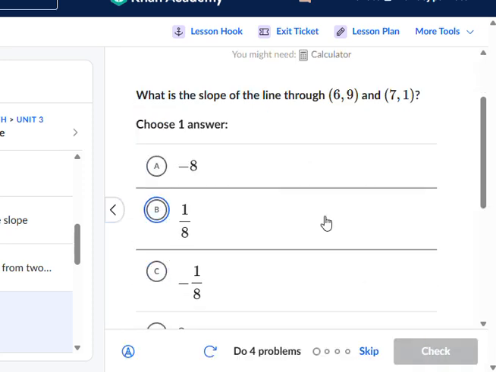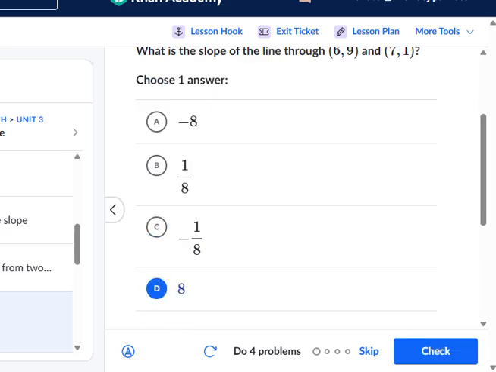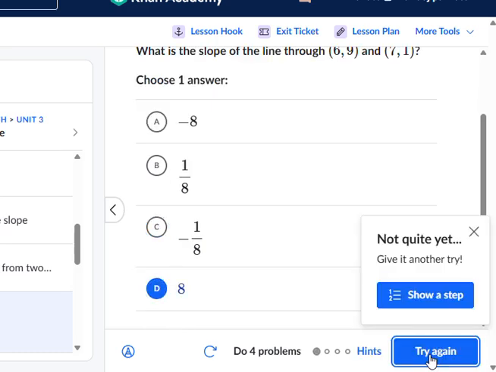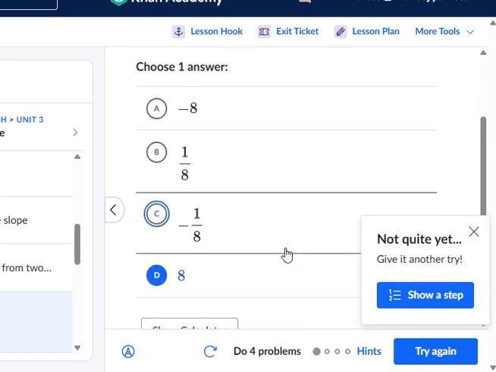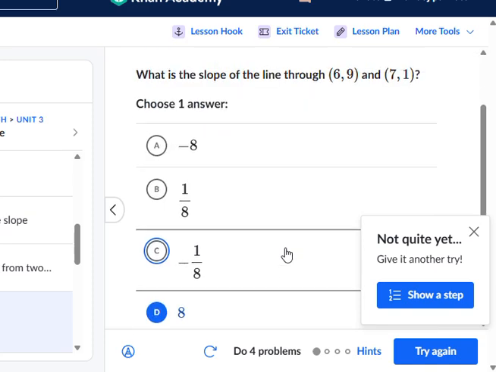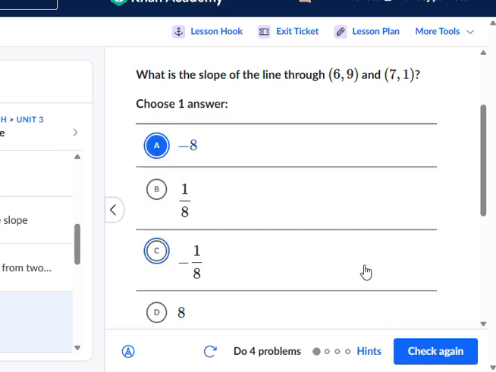What is the slope of the line through (6, 9) and (7, 1)? So it's rise over run, or 8 over 1, which equals 8. Oh, negative 8.